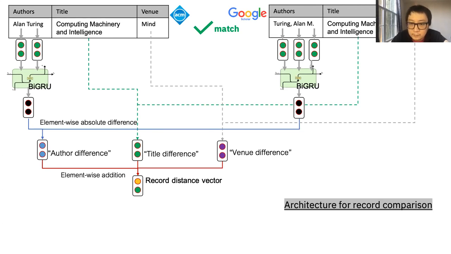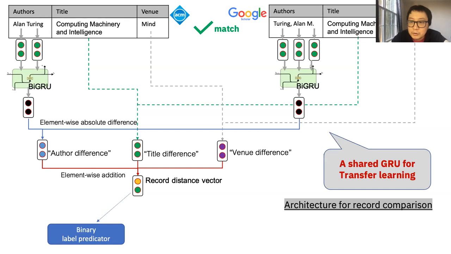Once we have the record vector, we can build a binary label predictor, basically a multi-layer perceptron with the last layer being a two-dimensional layer used for predicting the labels. Then we can use the cross-entropy loss as the loss function and use backpropagation to update the neural net, right?